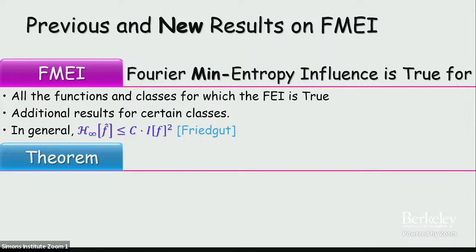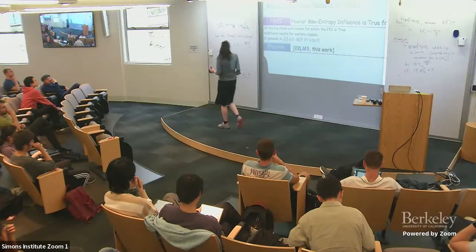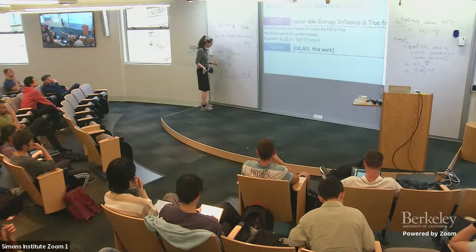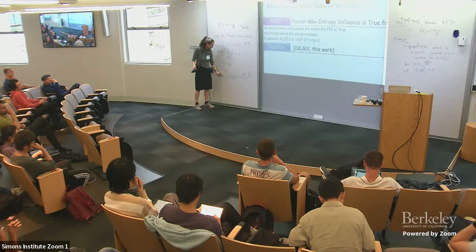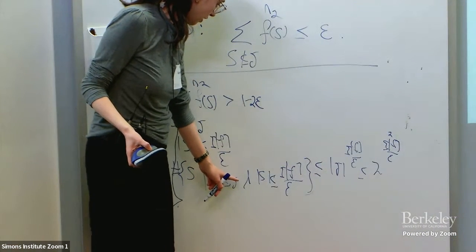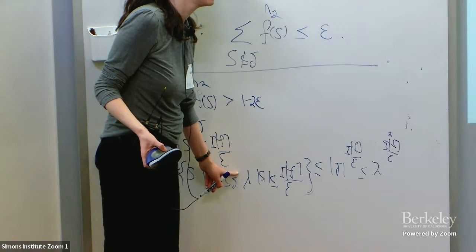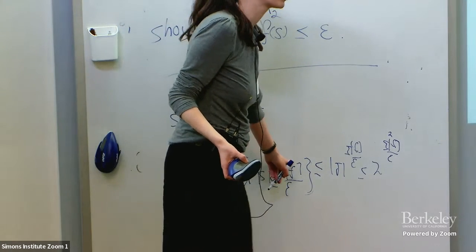We want to know better than that, but at least this is, I guess, quite easy. Question: You want me to repeat what? The set S here. I take all the S's that are contained in J, with small size, at most the influence over epsilon.